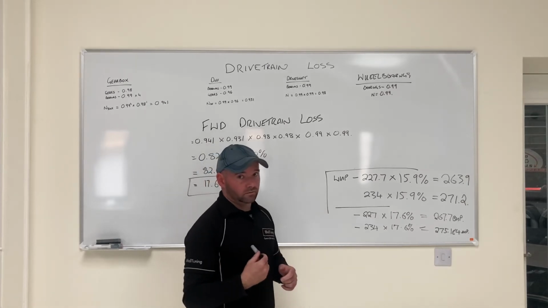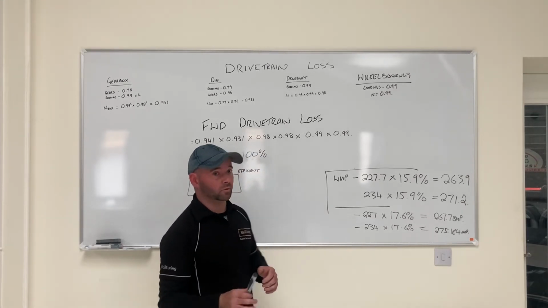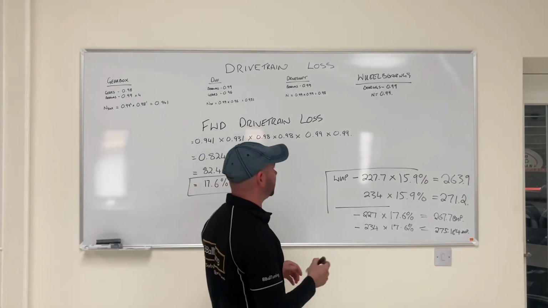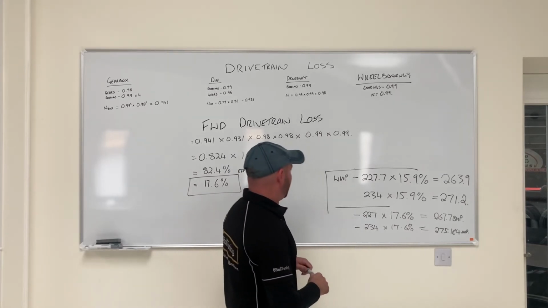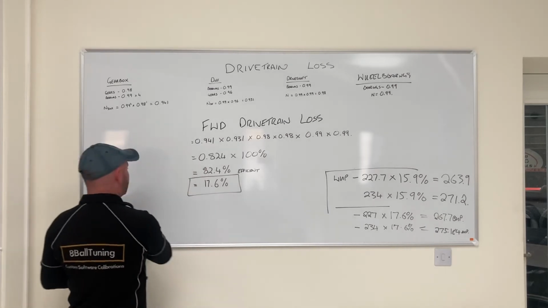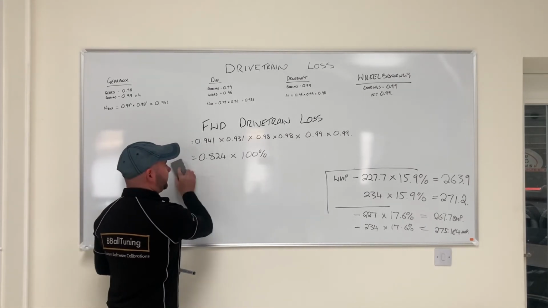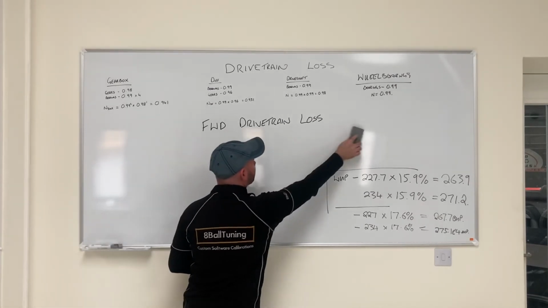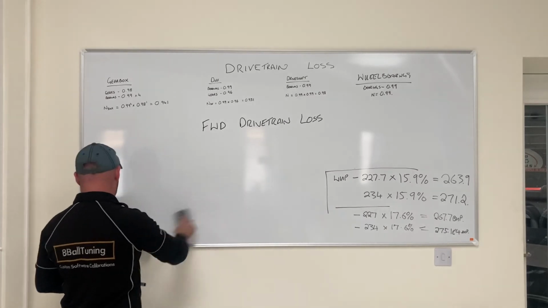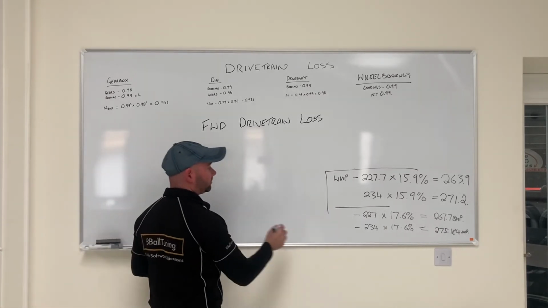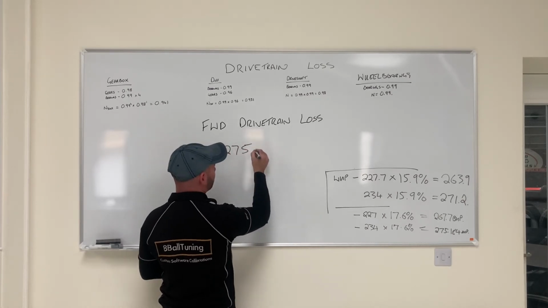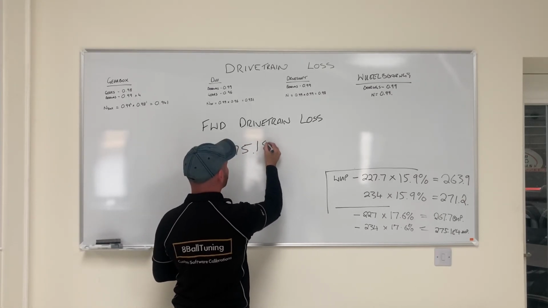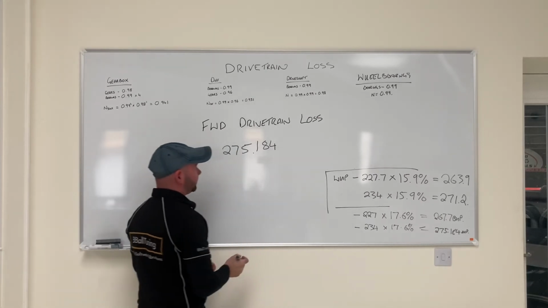I find it interesting. Most people won't, but for me, I like to know how things work, so this is good for me. Okay, so as most people will see, with that calculation, we get 275.184 on our dyno.